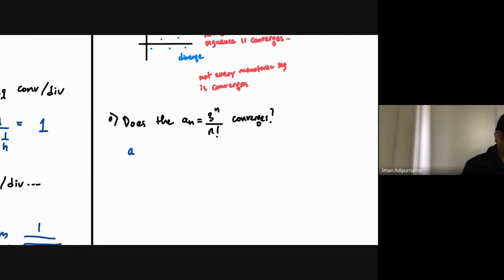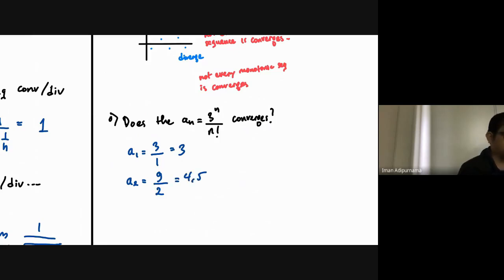Okay, first just see the first few terms. For example, let's start from n equal 1. It's 3 over 1, right? It's 3. And then increase n to 2. So it will be 9, and then divide by 2, right?